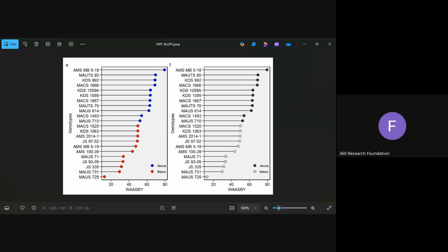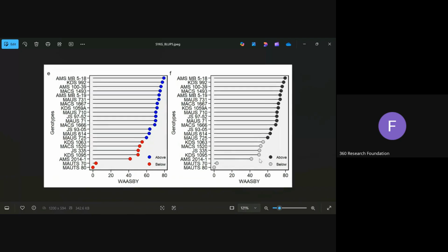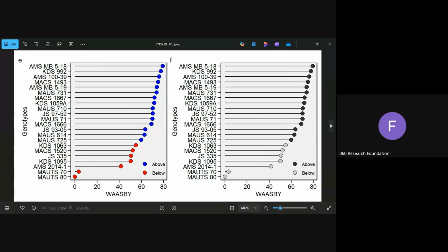So I will check for yield only because earlier graph we have seen for yield. So means you will understand easily. Yeah, now it is visible. This is the ranking according to the WAAS model.